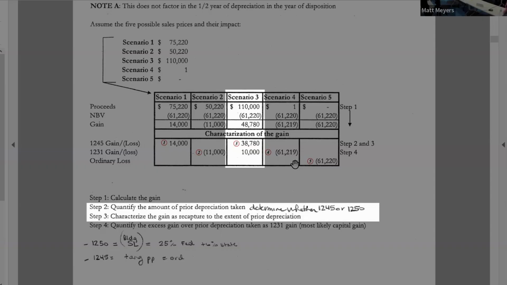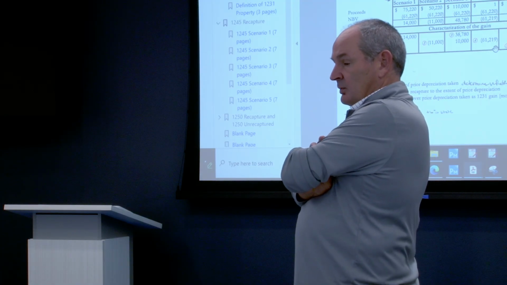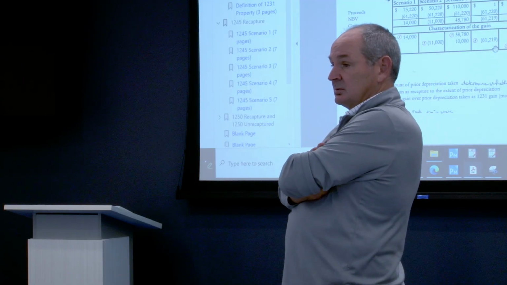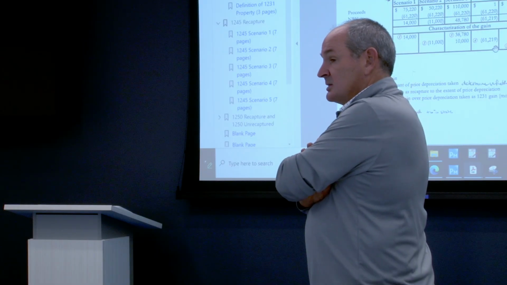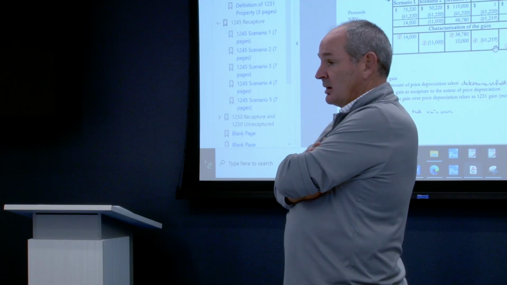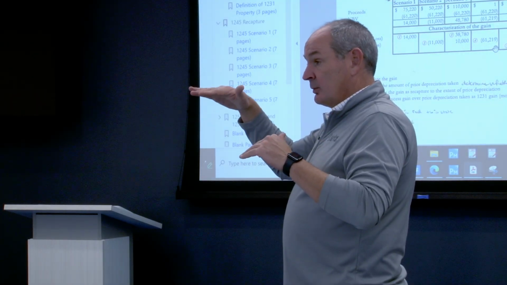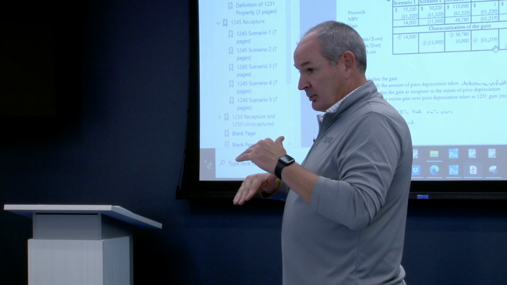Okay, what's step three? Characterize the gain as recaptured to the extent of prior depreciation. So is our gain bigger or smaller than our prior depreciation? Smaller. So that means that number is fully going to be recaptured as 1245 income. And going back to that 1231 netting, you have to get to 1231 before you even get to the netting part.